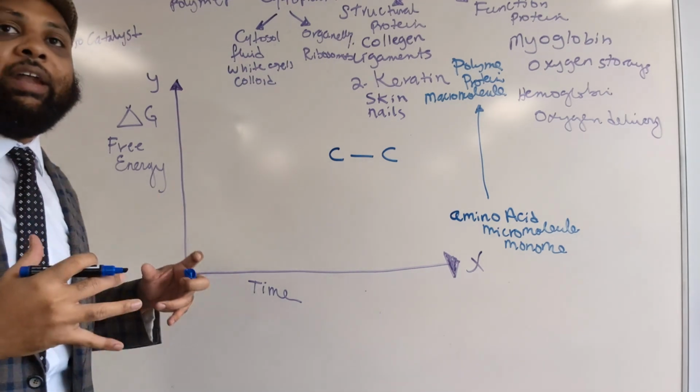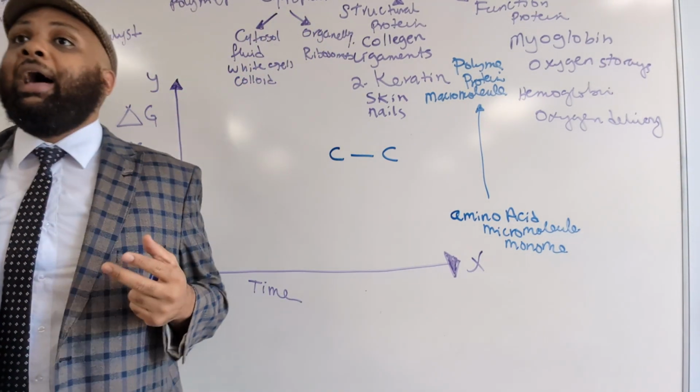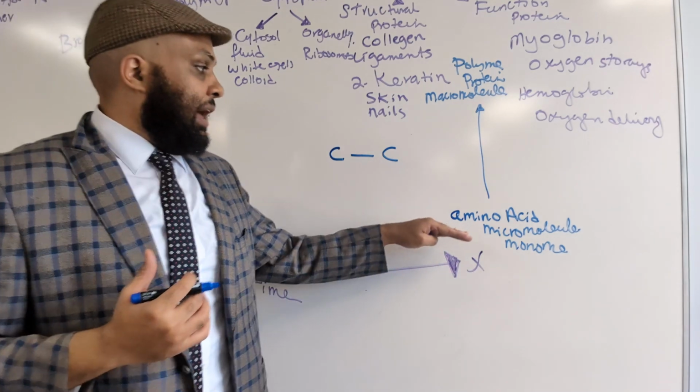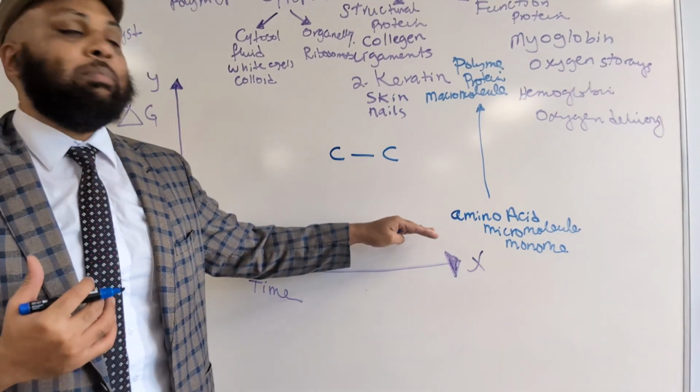I'm storing the energy. So if I ate pancakes, if I had a meal, then I'm going to break down that food that I just ate into its building blocks.